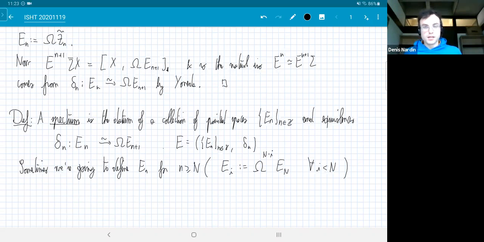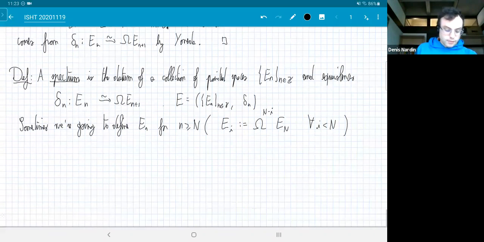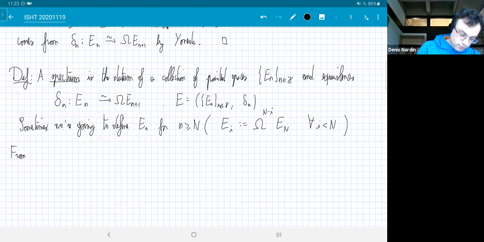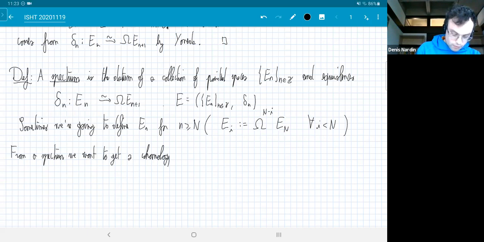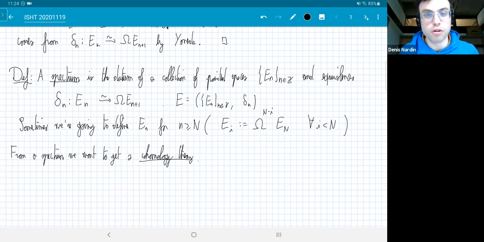Okay. So now let me tell you how you get a cohomology theory out of a spectrum. From a spectrum, we want to get a cohomology theory. And as I said, this is not going to be quite a bijection. In fact, we will see spectra are much better behaved objects than cohomology theories, so we're actually going to work with spectra throughout this course.